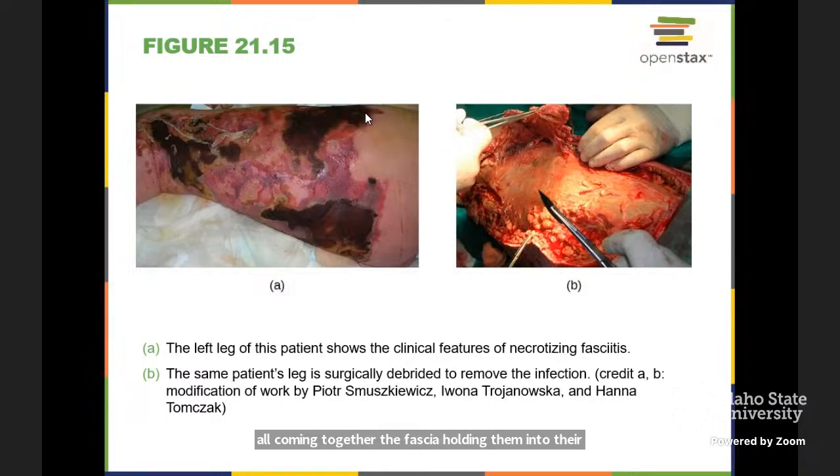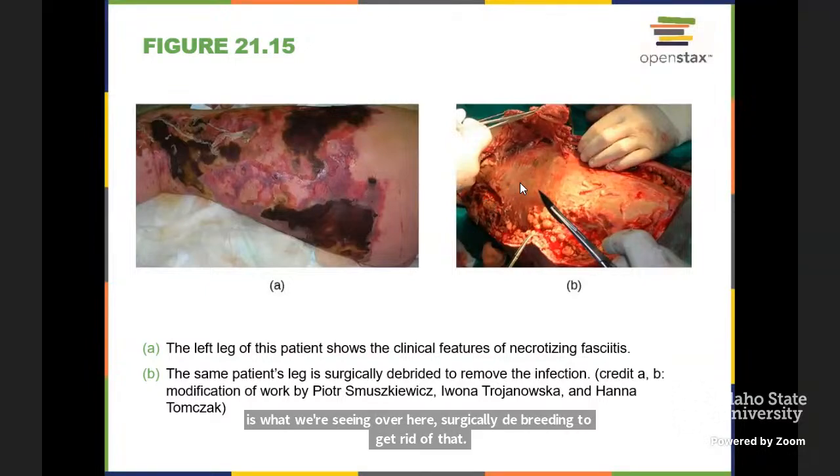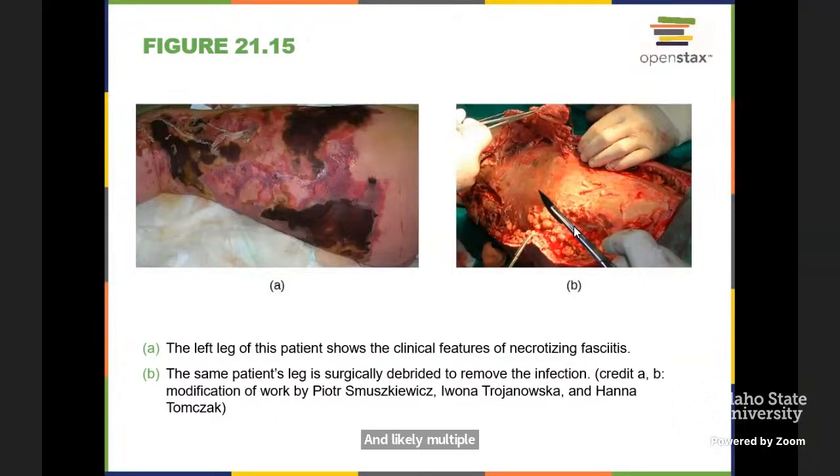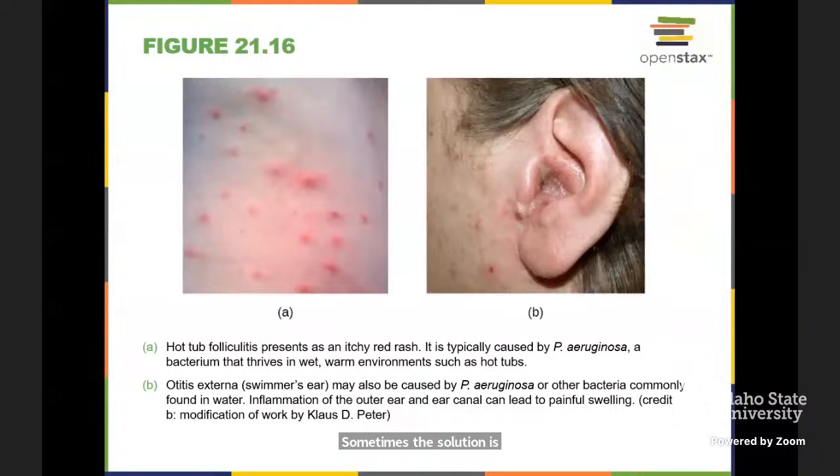So removal of this dead tissue is what we're seeing over here, surgically debriding to get rid of that. And likely multiple skin grafts are going to be needed to truly deal with this after it's been removed. Truly depends on these culprits. Sometimes the solution is amputation, all right, to deal with that. Crazy.